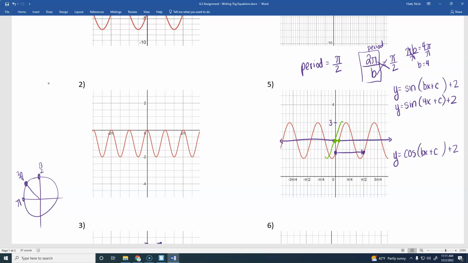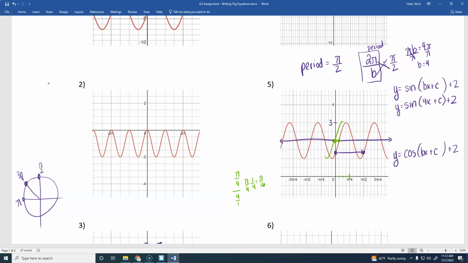Yes, pi over 16. Because this right here is pi over 4. And there are 1, 2, 3, 4 tick marks to get there. So if we do pi over 4 divided by 4, it's like 4 over 1. Dividing fractions is easy as pi. With the second multiply, we'll get pi over 16. So we need our phase shift to be pi over 16 to the right.